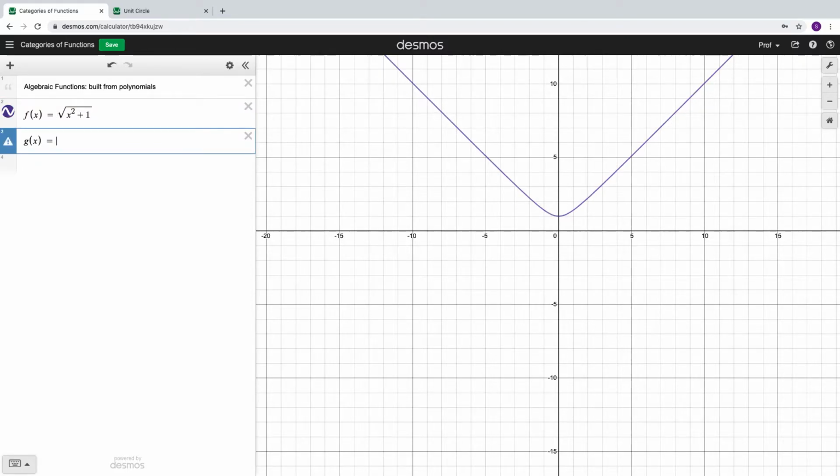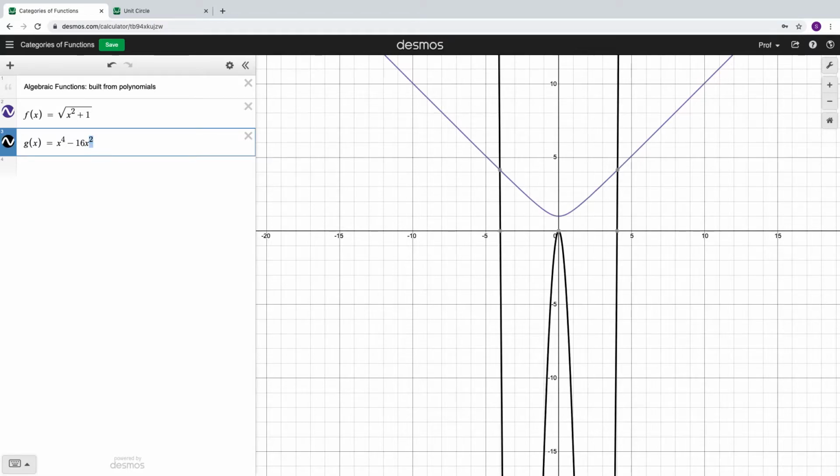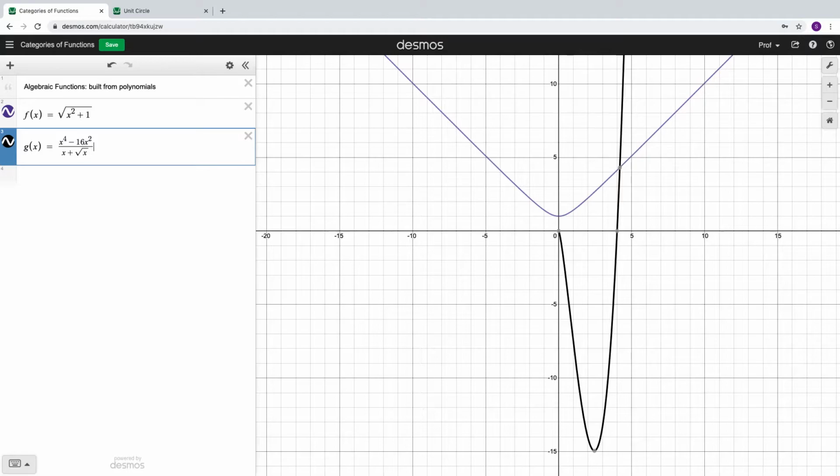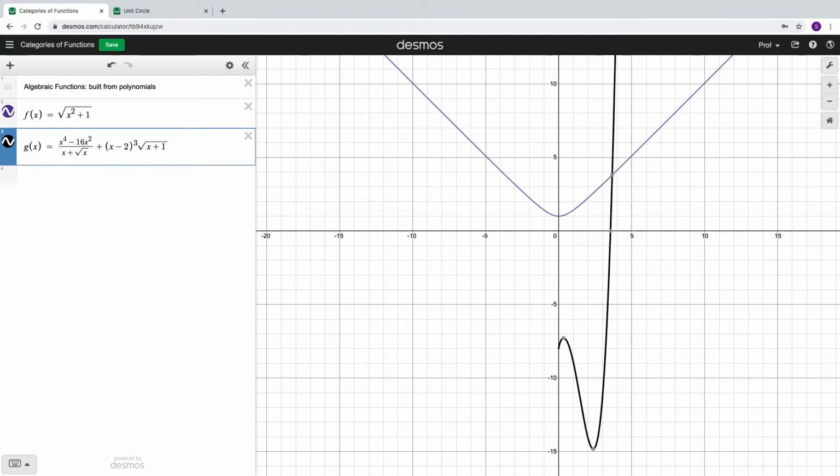Another example of an algebraic function is x to the 4th minus 16x squared all over x plus the square root of x plus x minus 2 cubed times the square root of x plus 1.